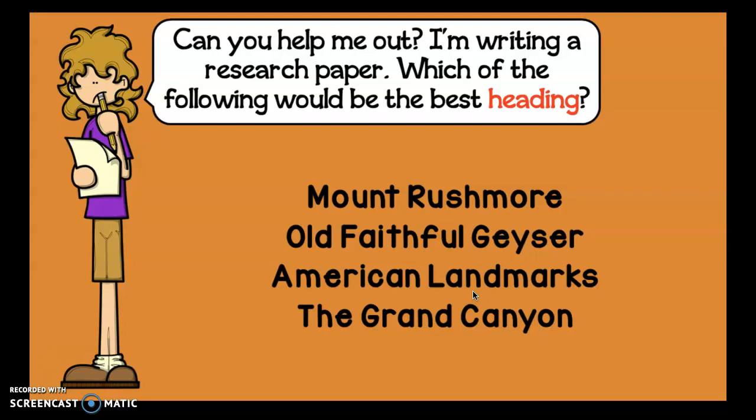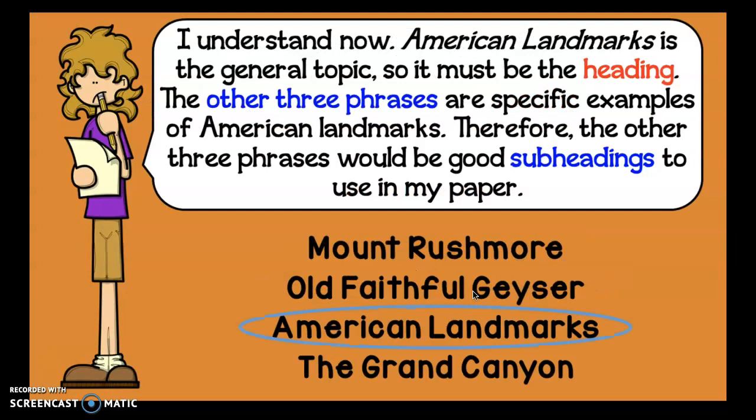I am writing a research paper. Which of the following would be the best heading? Mount Rushmore, Old Faithful, American Landmarks, and the Grand Canyon. American Landmarks. Why? Okay, so I understand now.